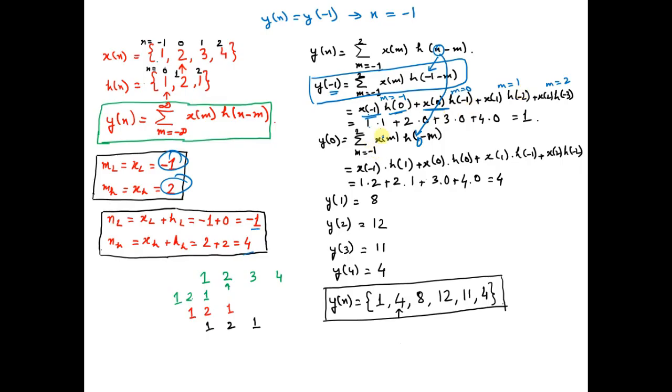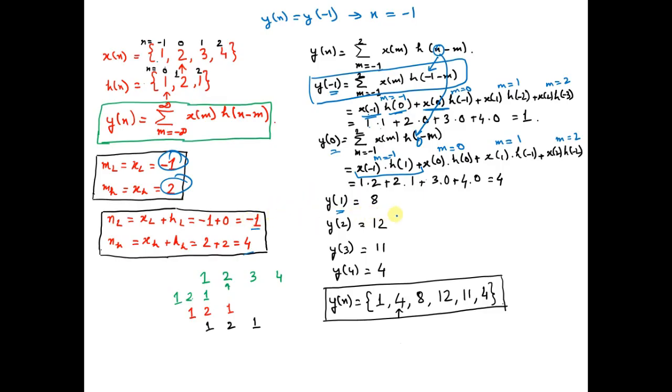Similarly, over here when you do it, we have placed the value of n in the second instance, right? N is equal to 0 we have put. Now in this case, m equals -1, m equals 0, m equals 1, m equals 2.